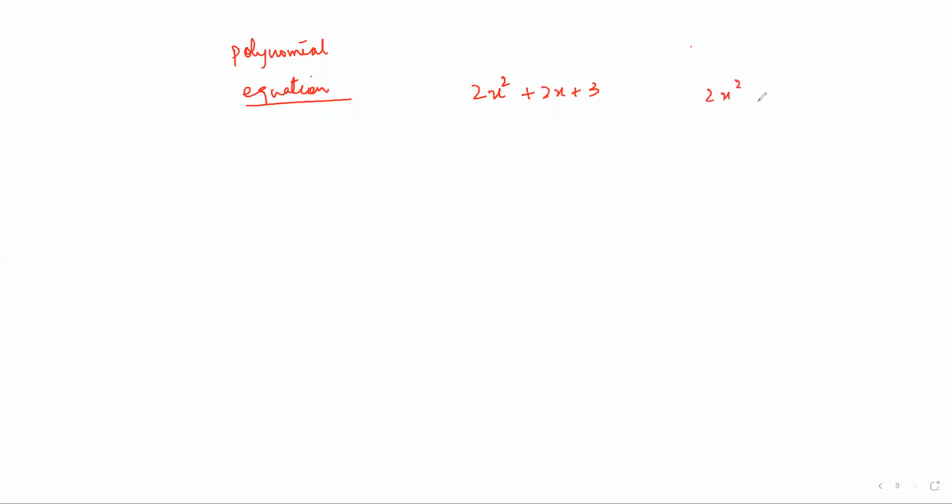And 2x square plus 2x plus 3 is equal to 0 is the equation. So these two are different things. And zero is that value of x. Now, if you put some value of x here, and you're getting a 0, there's no equation, right? You're simply putting the value of x and ultimately your polynomial is becoming 0, isn't it? Yes, ma'am. Yeah, so not equation, polynomial, that's it.